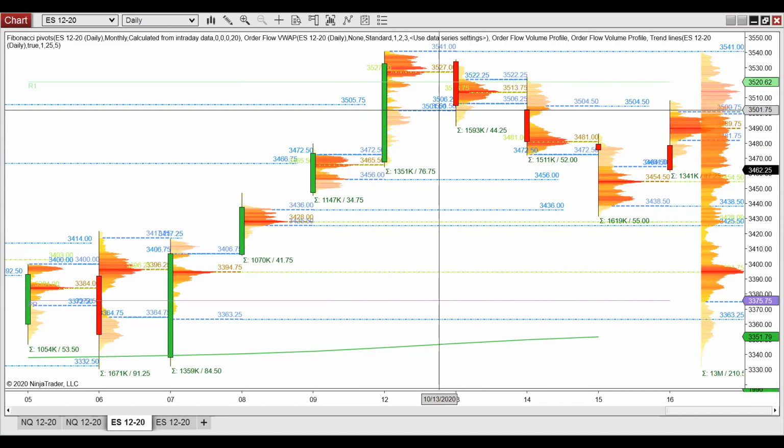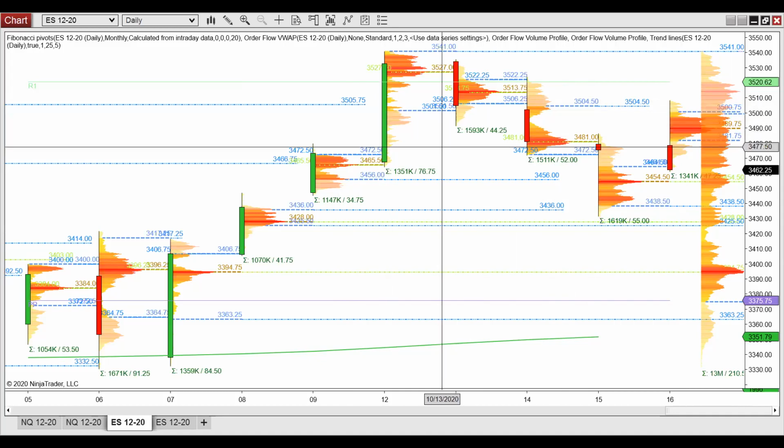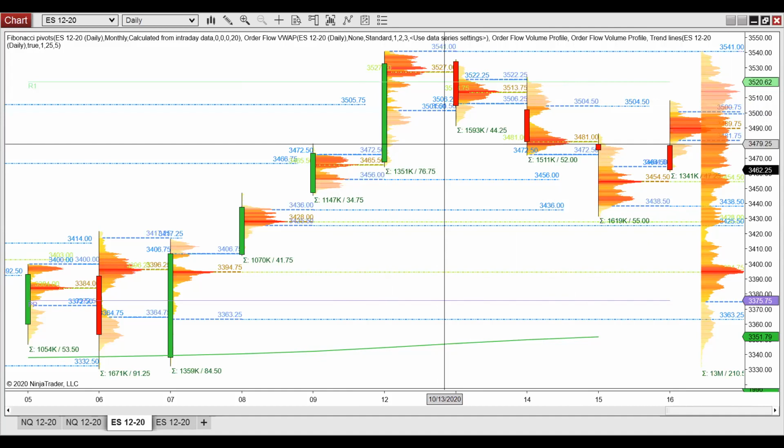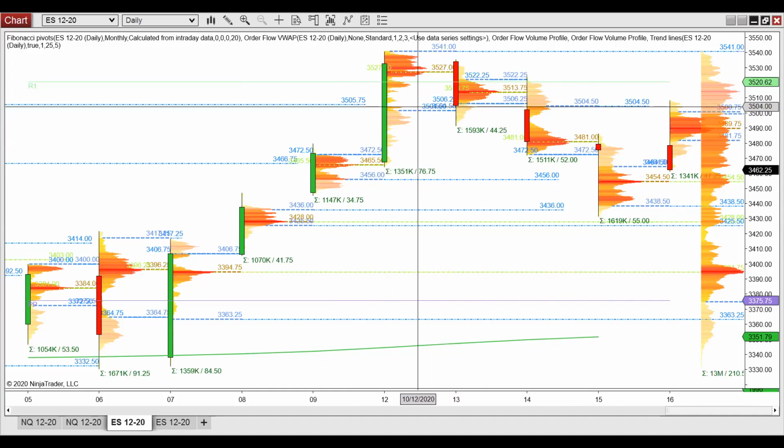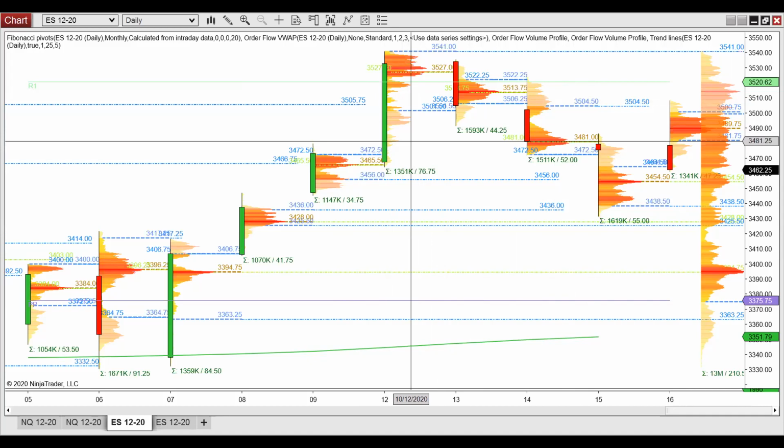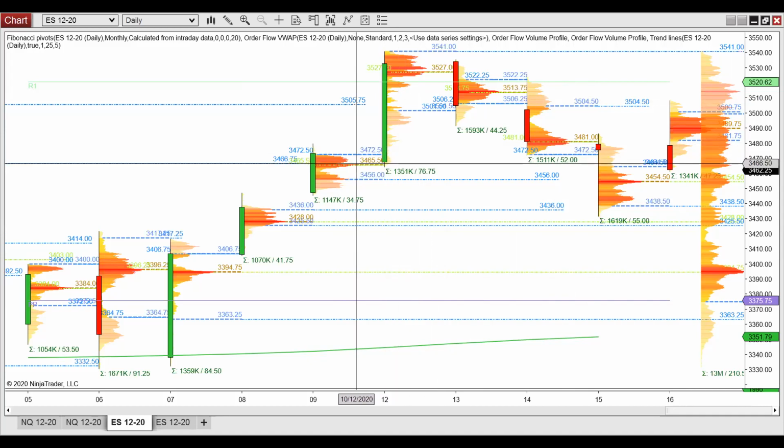Then I look for the stopping area, normally where there's no movement.